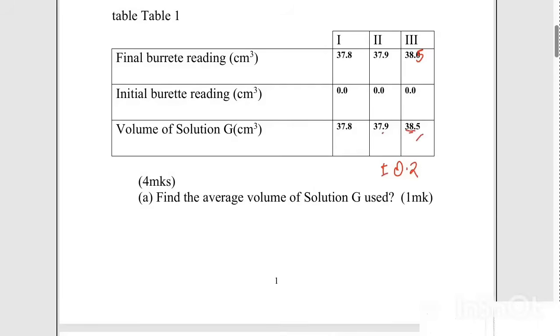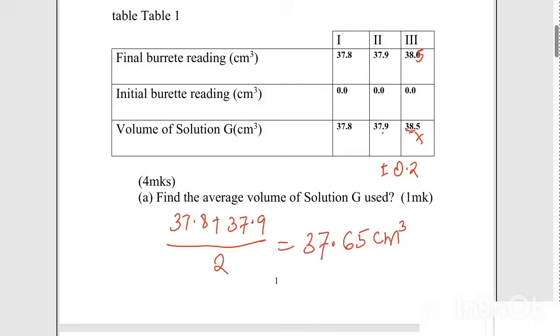So we are not going to include this in the average, right? So we are going to do the average with the two values, 37.8 plus 37.9, and then divide by 2, because this one is too far outside. So this one will give us 37.85 centimeters cube.